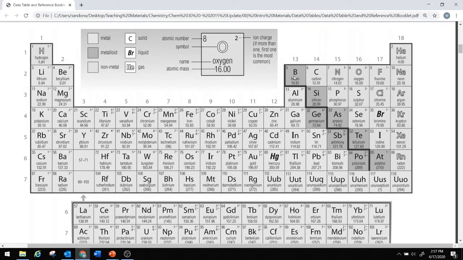The p's hold 1, 2, 3, 4, 5, and 6. The d's hold 10. So from here to there. And the f's hold 14. So from here to there.